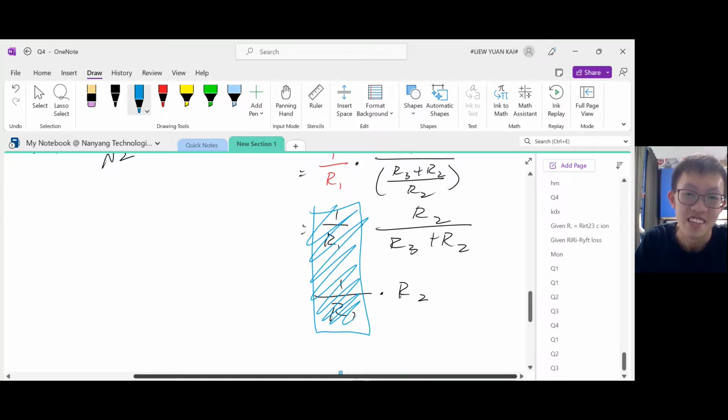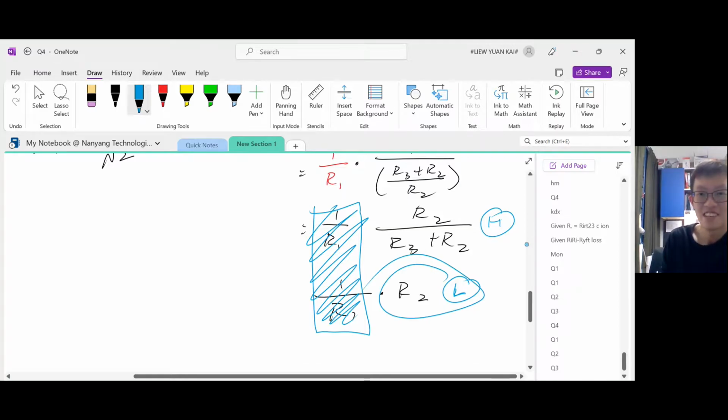Who is greater? We don't know. Okay, wait. Sorry, let's not call it number one, number two. This is the low frequency limit, so I'm just going to call it L. And this is the high frequency limit, I'm going to call it H. So who is the larger value, L or H? Sorry, who is the higher limit? The answer is L, right?